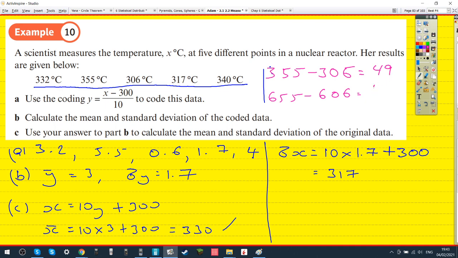They'll both be the same. So adding or subtracting a value won't change the standard deviation, and we don't do that bit here. For the mean, you multiply and add. For the standard deviation, you only multiply to decode it, because if you add 300 to everything, it won't change how spread out the data is.